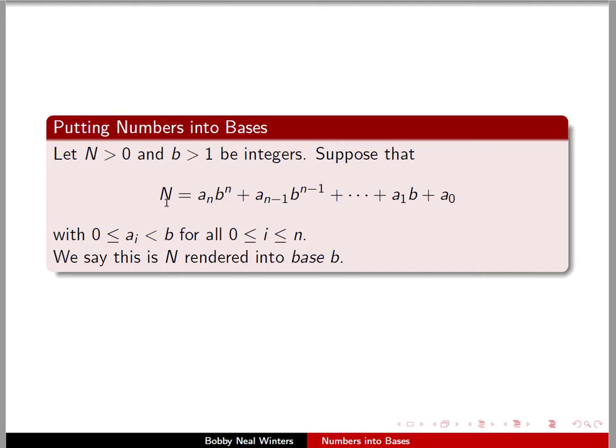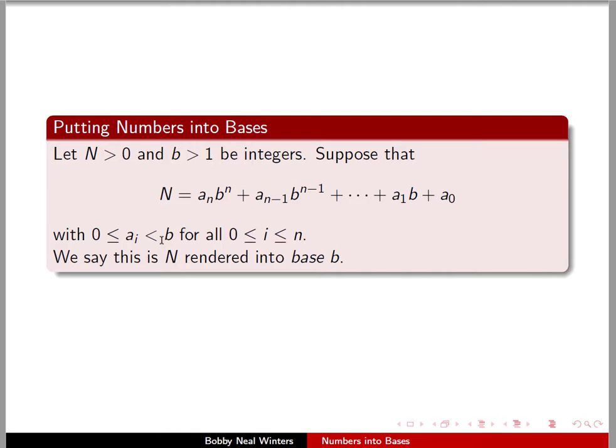Suppose that n is equal to a sub n times b to the n plus a sub n minus 1 times b to the n minus 1, etc., down to a1 times b plus a0, where our ai's are all non-negative numbers, and none of them is as big as b. We say that we have n rendered into base b. Okay, so this is what it is.